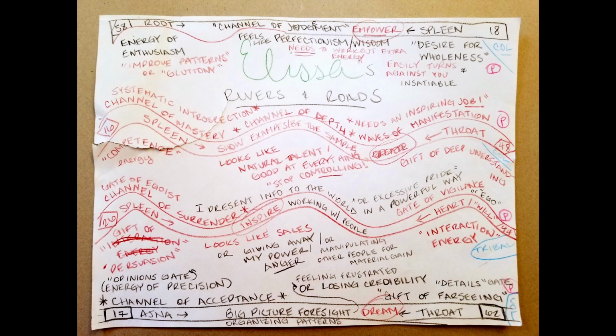And gate 58 has the energy of enthusiasm, of like improving patterns, or gluttony when I'm not in alignment, and then gate 18 is known as a gate that embodies desire for wholeness.